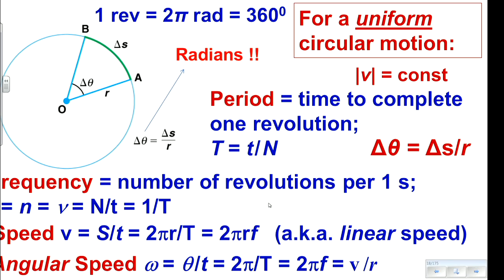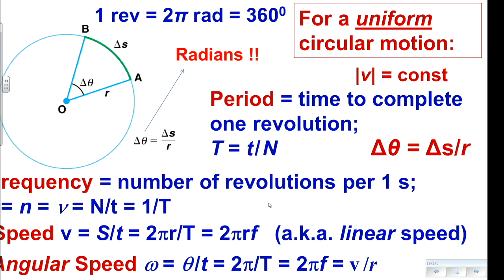A revolution per second is not exactly the correct unit for solving problems. It's a good unit for everyday life, but if we solve a problem, the correct unit for angular speed or angular velocity should be radians per second. That's why we need to know what a radian is.